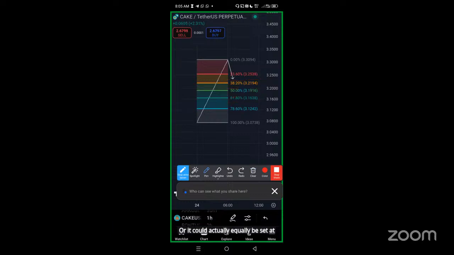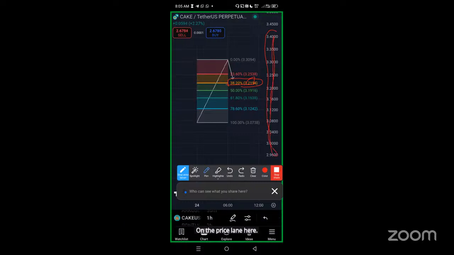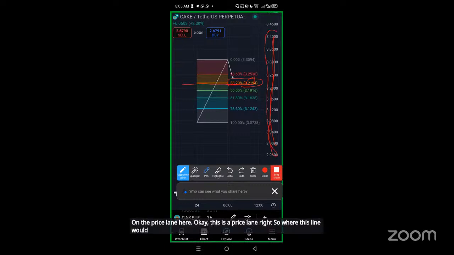Now, if you set your preset at 38.2%, of course, at every fib level that is drawn, there is a price that is put in bracket where that line actually crosses on the price line here. Okay, this is a price line, right? So where this line would have run, because we assume that this is the clear line, but the rest are imaginary.